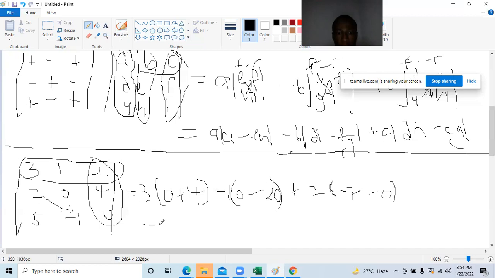So at the end of the day, we have 3 times 4, which is 12, minus, this is going to be plus 20 because minus times minus, right? So this is minus 20 times minus 1. That's going to be plus 20, plus 2 times minus 7. So it's going to be minus 14.